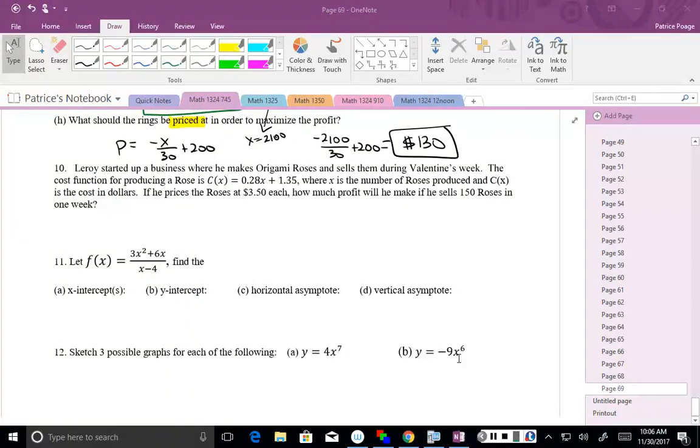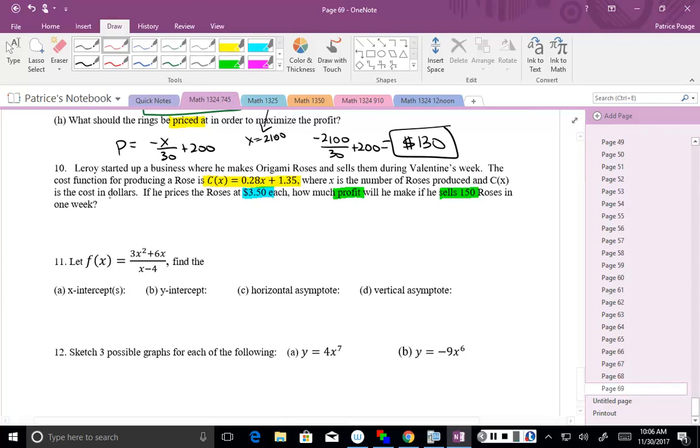All right, number 10. Leroy started up a business where he makes origami roses and sells them during Valentine's week. The cost function for producing a rose is right there, where x is the number of roses produced and C of x is the cost in dollars. If he prices them at $3.50 each, how much profit will he make if he sells 150 roses?